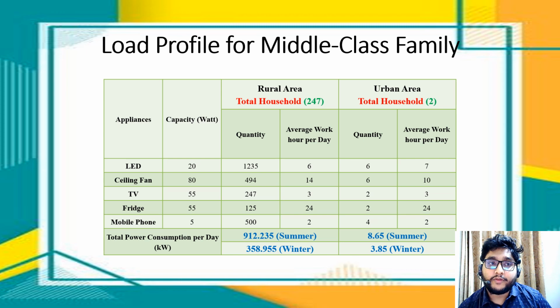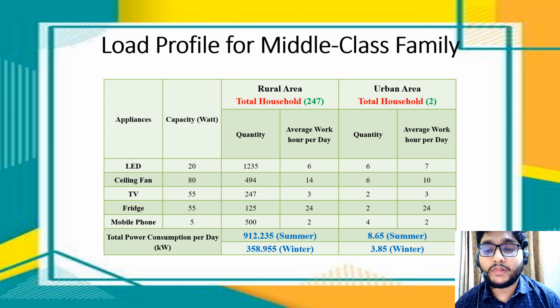Load profile for middle class family. We have also calculated the total load for lower class middle class family. In the rural area, total household was 247 and urban area is 2.